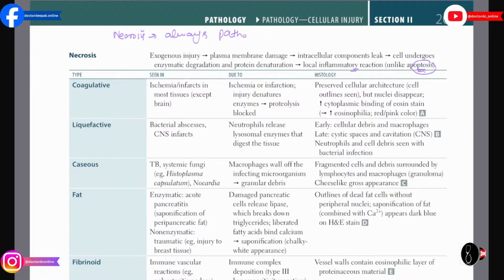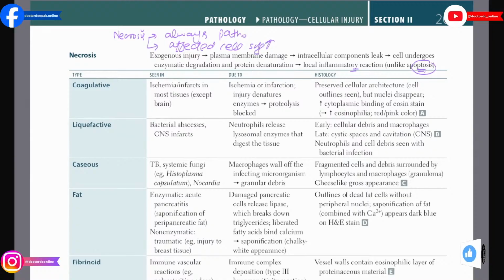Apoptosis always affects a single cell, but necrosis affects multiple cells. Then you have to keep in mind, in necrosis, the affected cell size increases, but in apoptosis it will shrink.